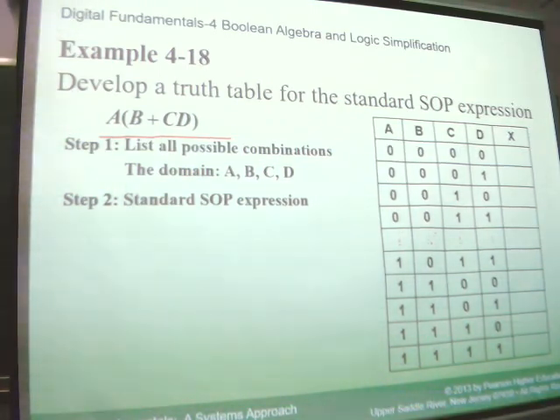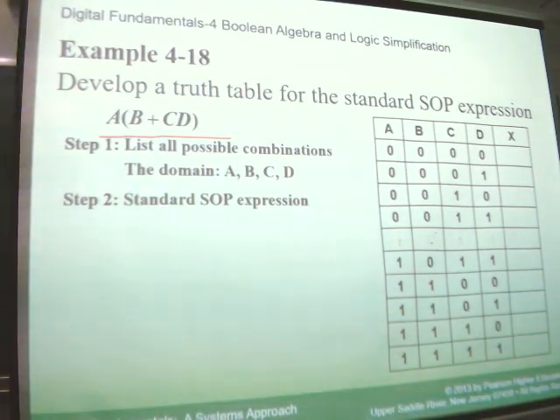So we must add the two variables to this term. How to add? First, AB equals AB times 1, and 1 equals C plus C bar.